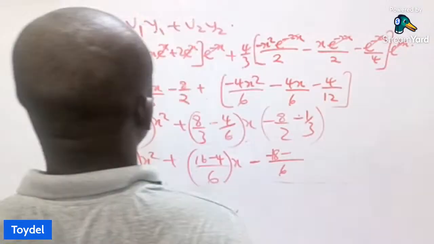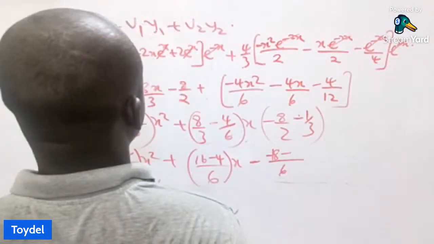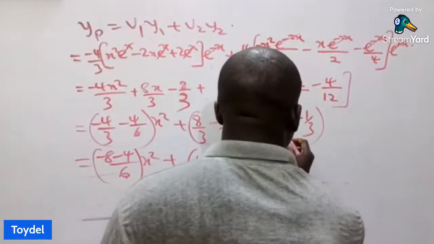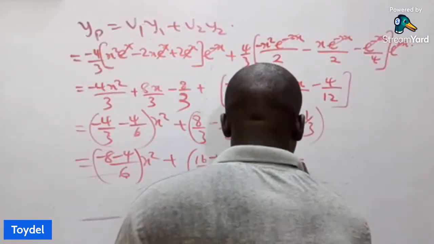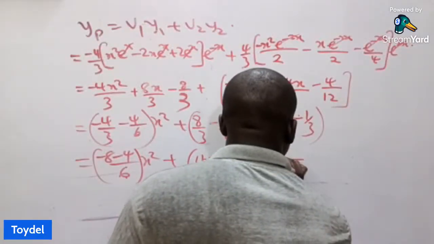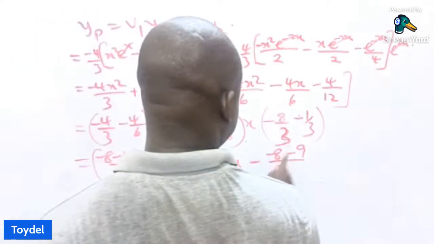This is 8 all over 3, so here I'm going to get minus 8 minus 9. Minus 8 minus 1, that's minus 9.